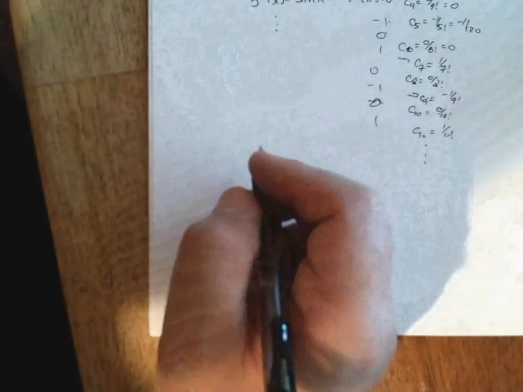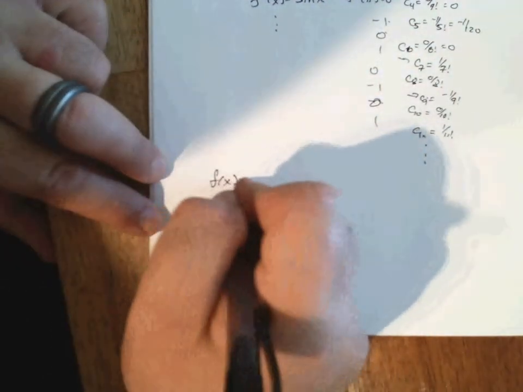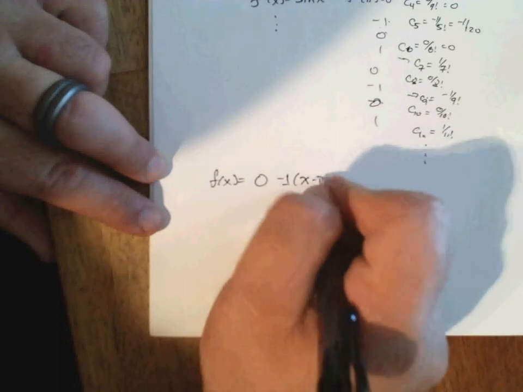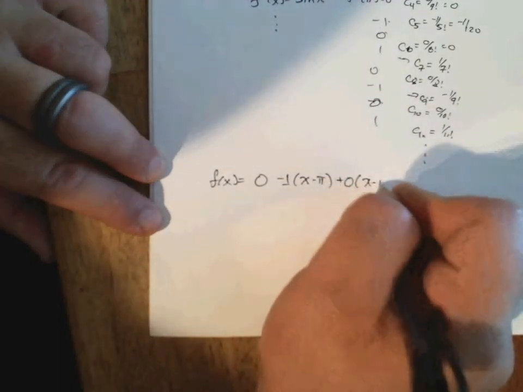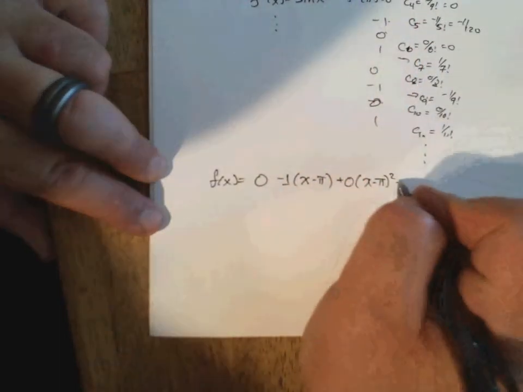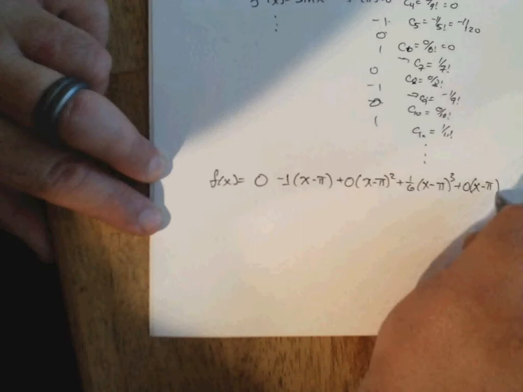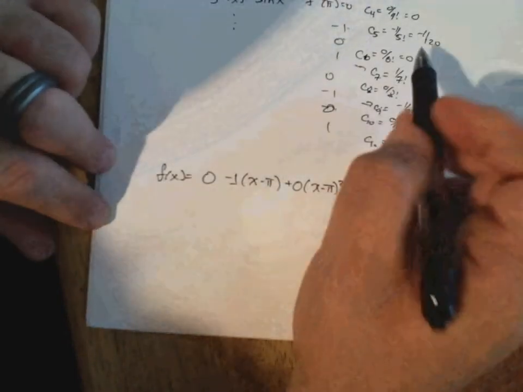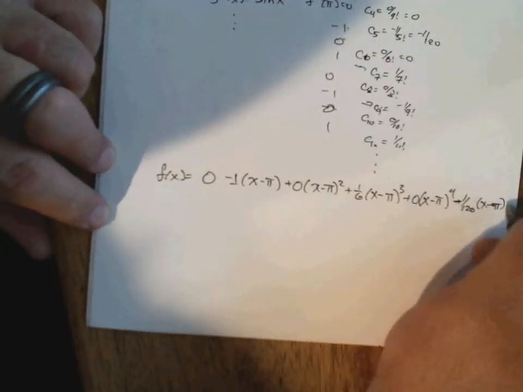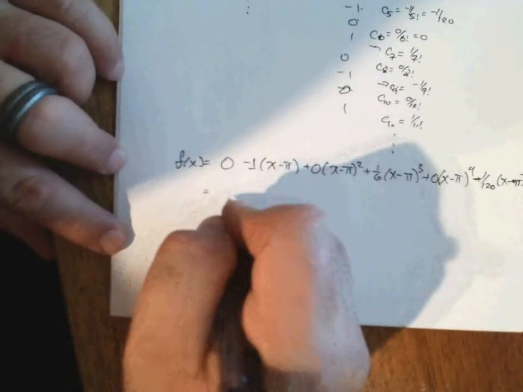Okay? So now that we have that pattern, I think we can write down the Taylor series of this quite easily, can't we? 0 minus 1 times x minus the center plus 0 times x minus the center squared plus C3 times x minus the center cubed plus 0 times x minus the center to the fourth plus, okay, -1 over 120 times x minus the center to the fifth.